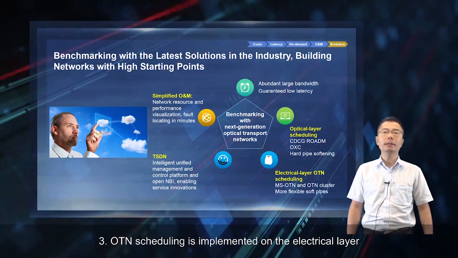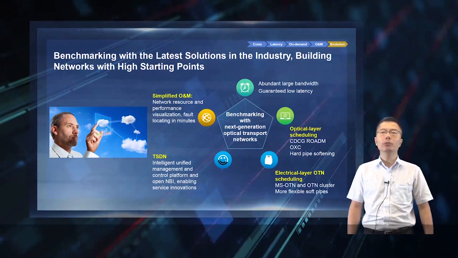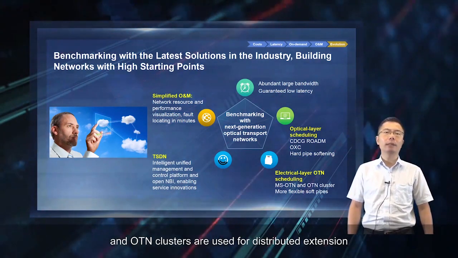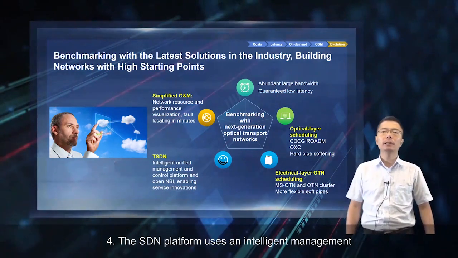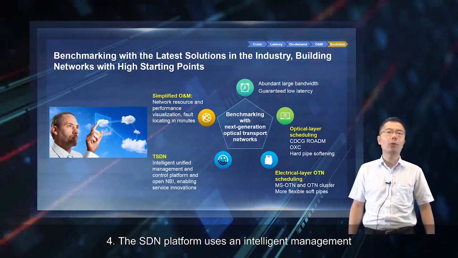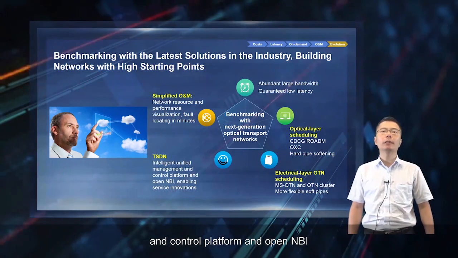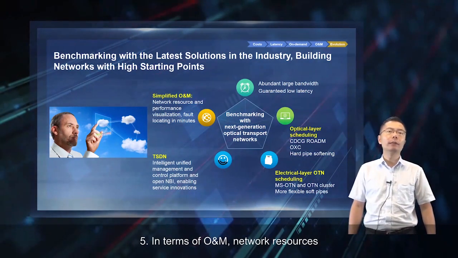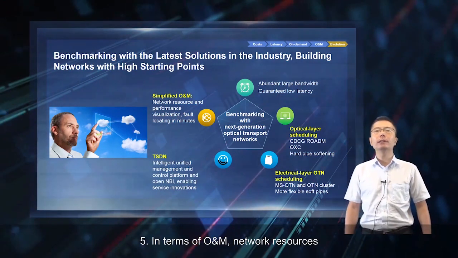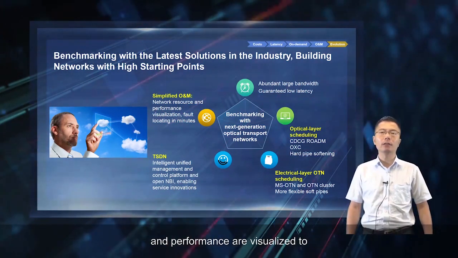OTN scheduling is implemented on the electrical layer, and OTN clusters are used for distributed extension when capacity is insufficient. 4. The SDN platform uses an intelligent management and control platform and Open NBI to support open service innovations. 5. In terms of O&M, network resources and performance are visualized to achieve fault locating in minutes.